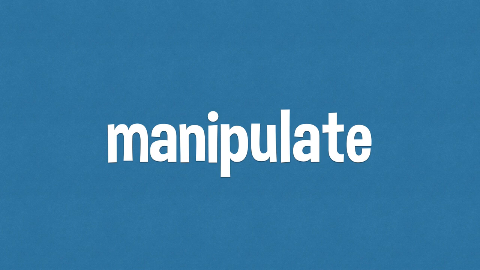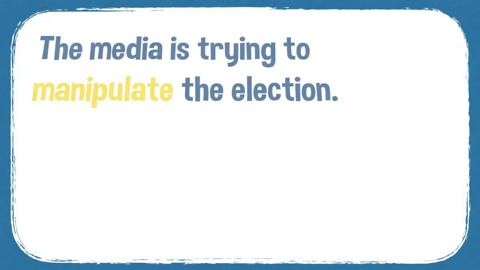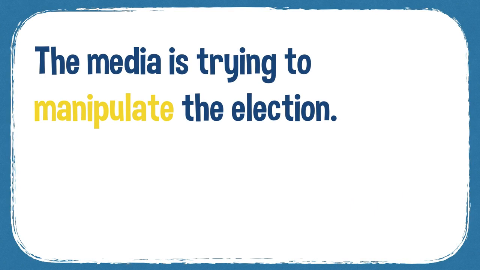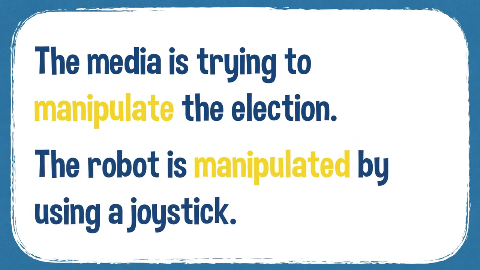You can also manipulate an object or a piece of equipment or even a difficult idea, so it suggests a skill as well. For example, the media is trying to manipulate the election results. They're trying to change the election results by saying things. The robot is manipulated by using a joystick, so you can control the robot with a joystick.